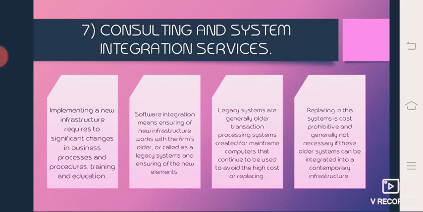Legacy systems are generally older transaction processing systems created for mainframe computers that continue to be used to avoid the high cost of replacing them. Replacing these systems is cost prohibitive and generally not necessary if the older system can be integrated into a contemporary infrastructure.